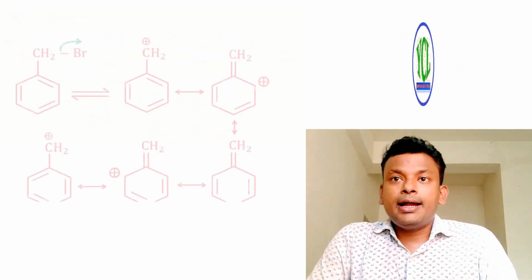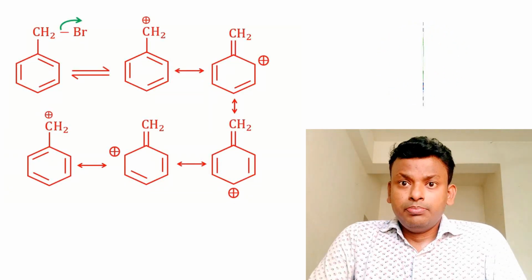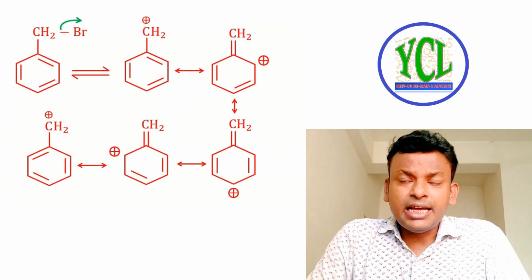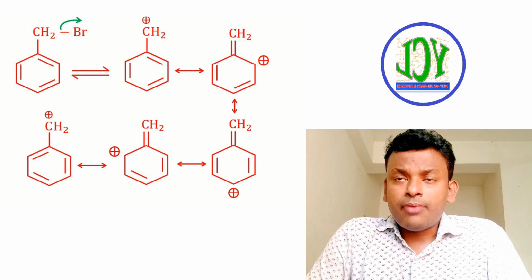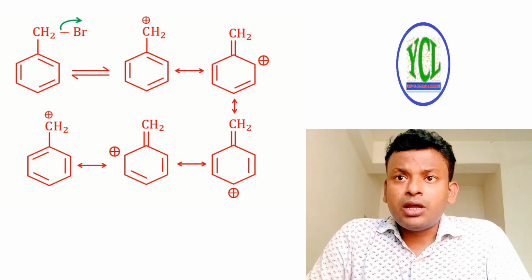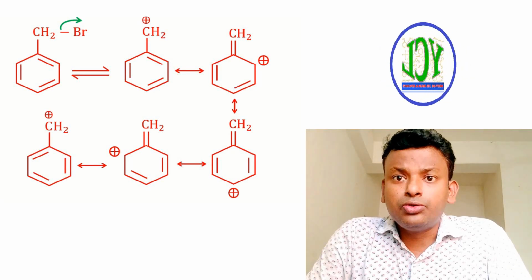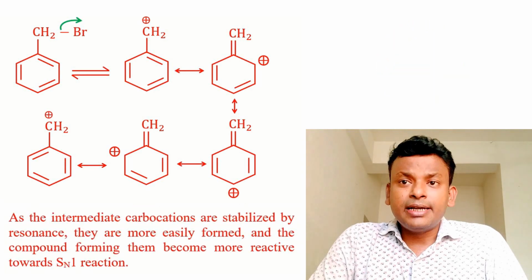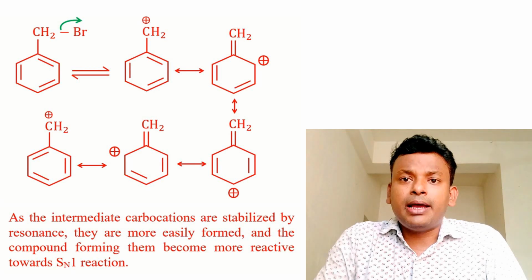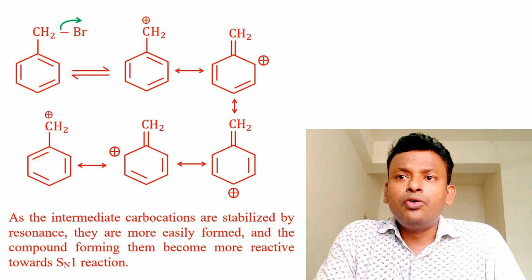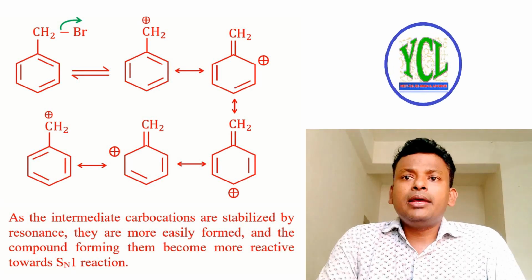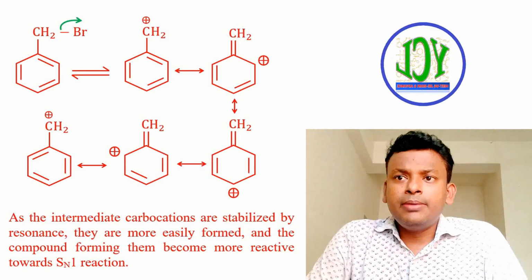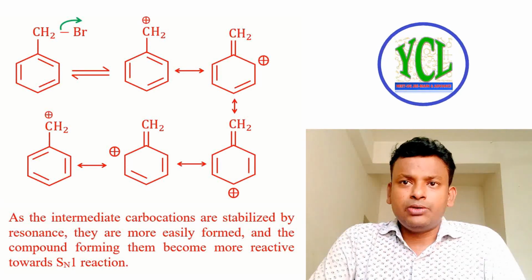And next, here benzyl bromide forms a benzylic carbocation, which is stable through resonating structures, and this is shown as the intermediate. Carbocations that are stabilized by resonance are more easily formed, and the compounds forming them become more reactive towards the SN1 reaction.